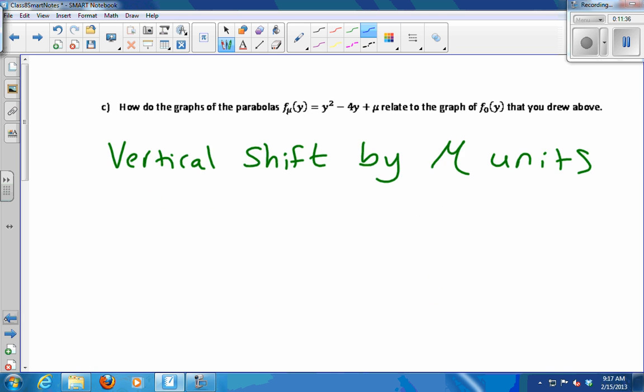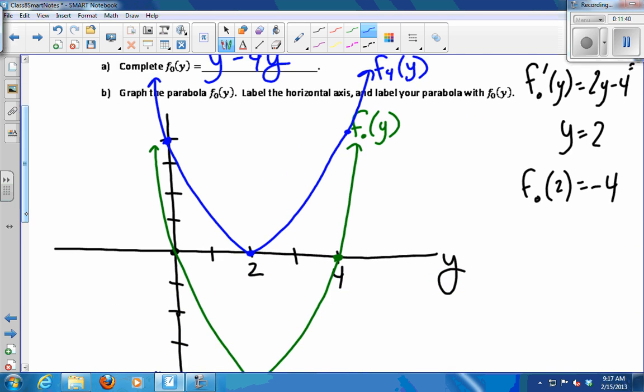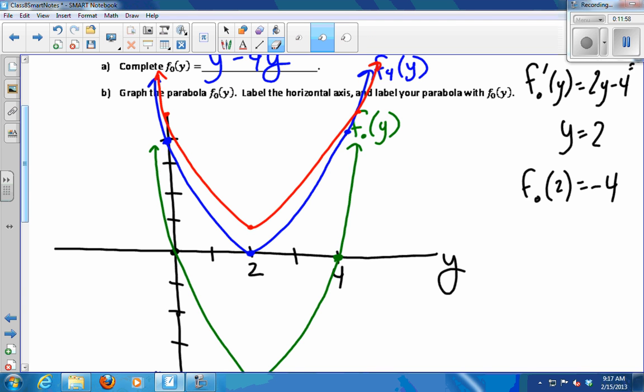So I'm going to add two more parabolas in here for mu being 5 and mu being 3. If mu were 5, I would shift this up one more, and then get a parabola like this. And I should not have crossed those.